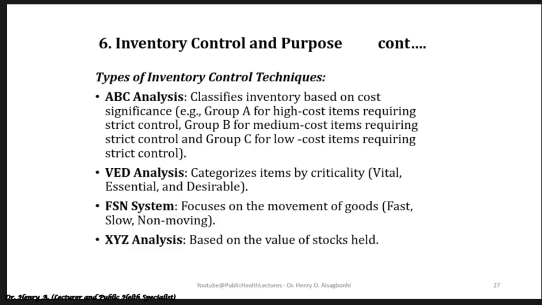The group B items are moderately controlled. They are medium cost items. While the C items are low cost and need minimal control.